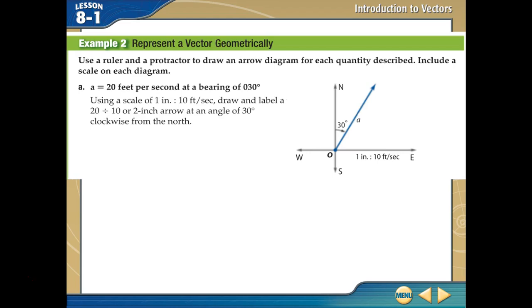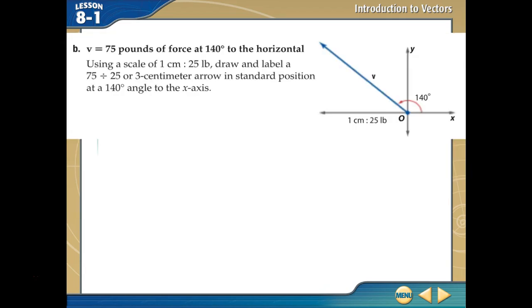Alright, so another couple of examples. We have a bearing of 0, 30 degrees. So again, this is a true bearing. We start with north at 0, and then we just go 30 degrees in the clockwise direction, and that would be my vector. I have something at 140 degrees, again, from the horizontal.